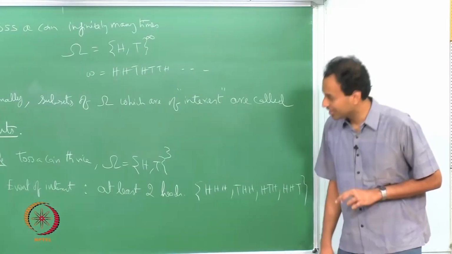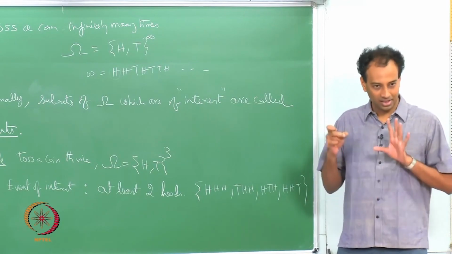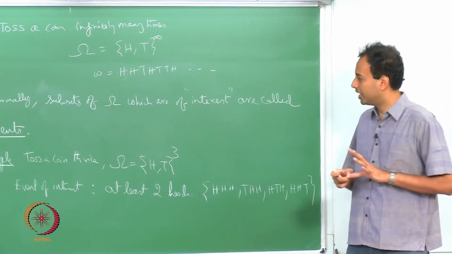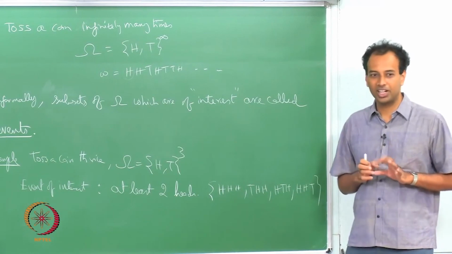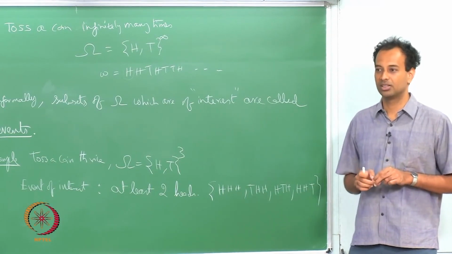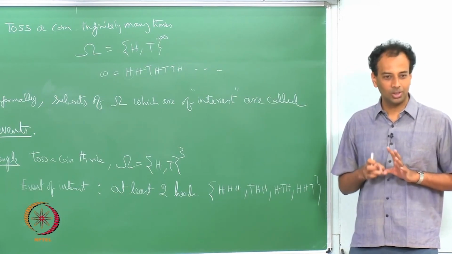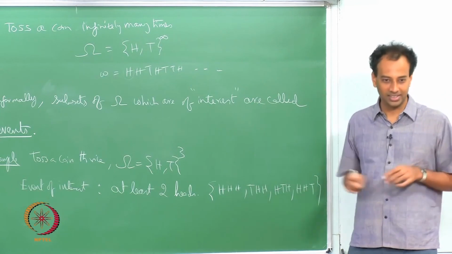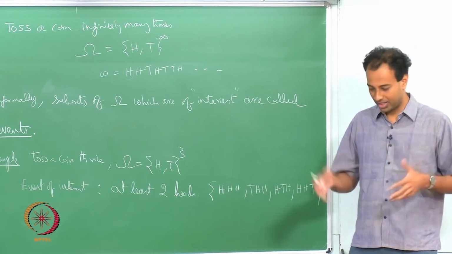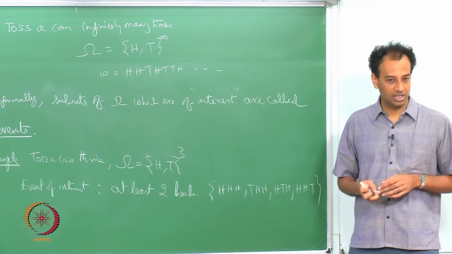We will see later that events are necessarily subsets of the sample space, but put a caveat in your mind that not all subsets of the sample space are necessarily considered events. Only those subsets which we are interested in assigning probabilities to are called events.